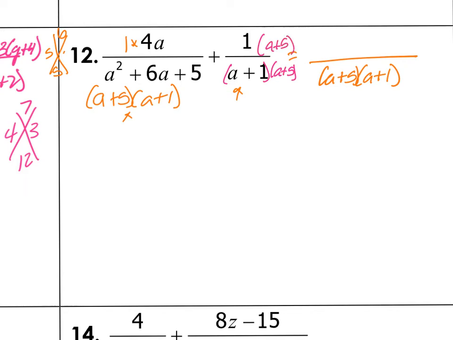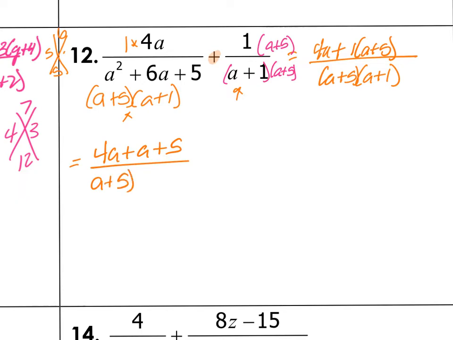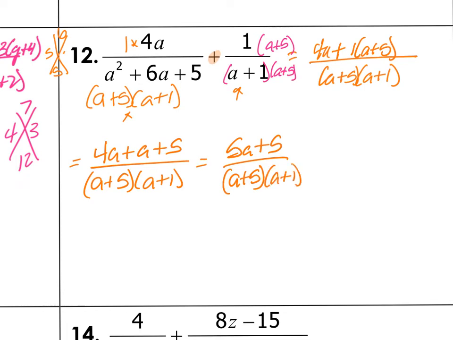Okay, so I get 4a, and then I'm adding, so that's a plus 1 times a plus 5. 4a plus 5 all over a plus 5 times a plus 1, which equals 5a plus 5 all over a plus 5 times a plus 1.